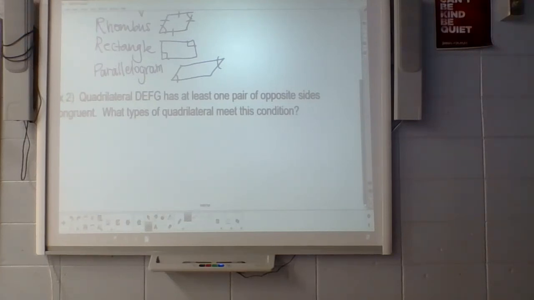So the next one kind of asks the same question, but it says at least one pair of opposite sides are congruent. So again, similar question, and maybe my drawings help with that. Take a minute to see if you guys can figure that out.